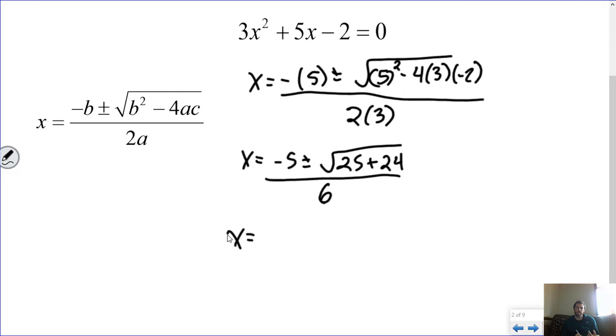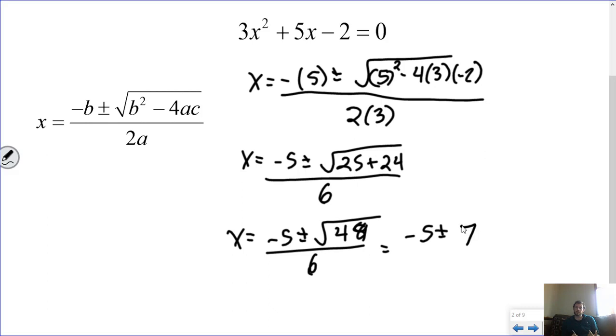So I get x is equal to negative 5 plus or minus the square root of 49 all over 6, which is negative 5 plus or minus 7 over 6.